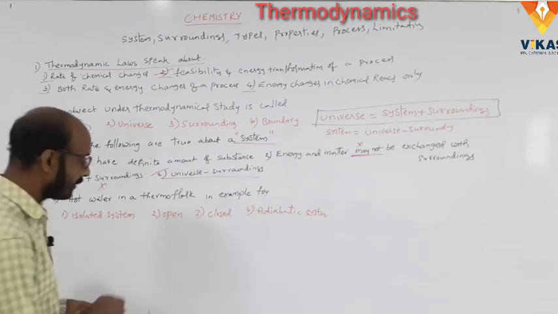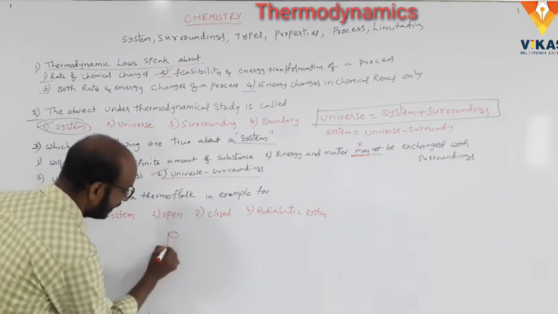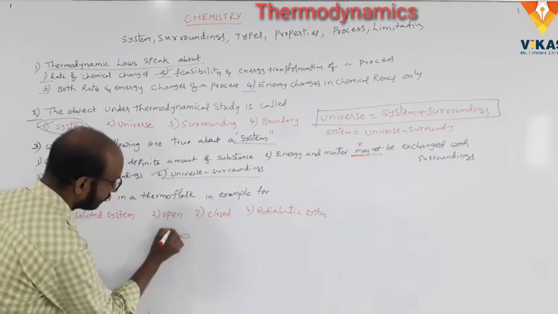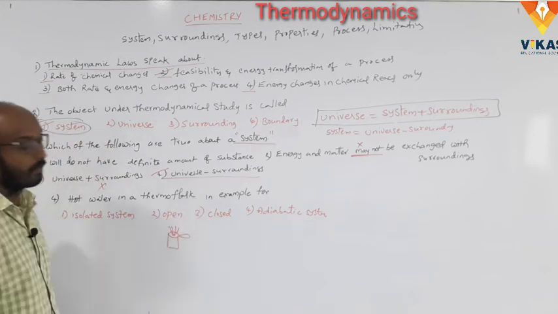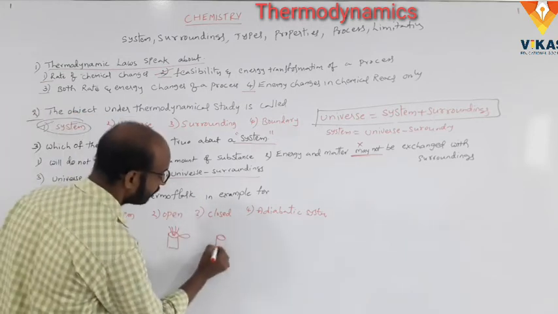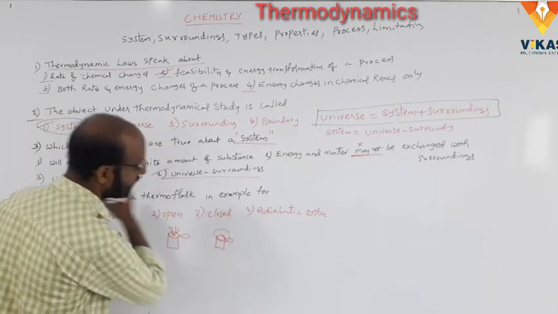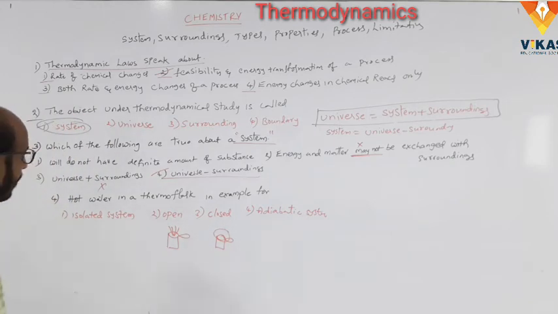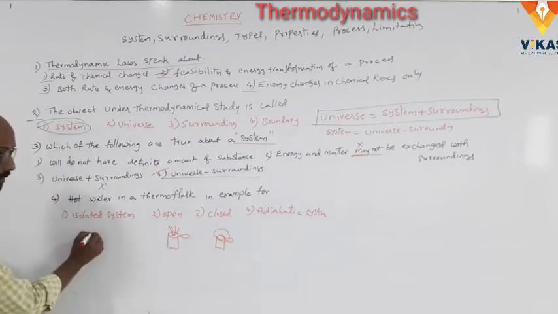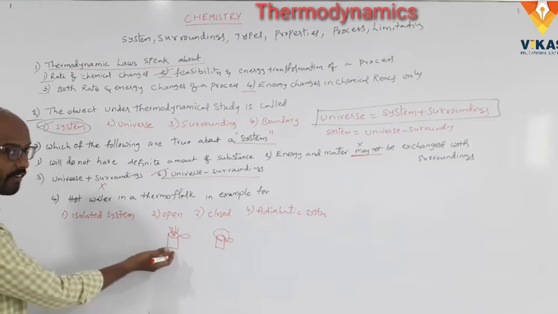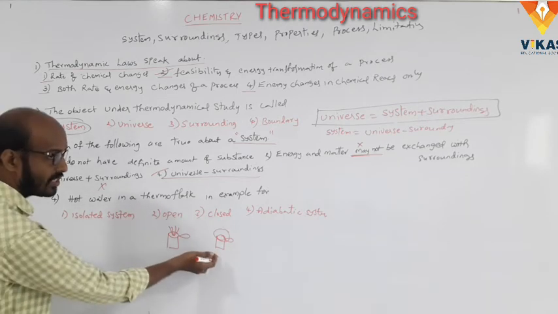In the open system, we take 1 cup of coffee. In a closed system, we take 1 cup of coffee closed with 1 lid. In the isolated system, we take the thermoflask. In open system there is exchange of energy and matter. In closed system only energy is exchanged, not matter.